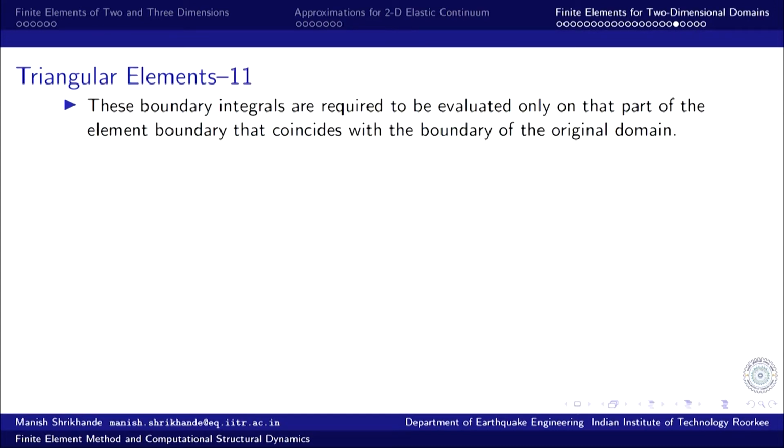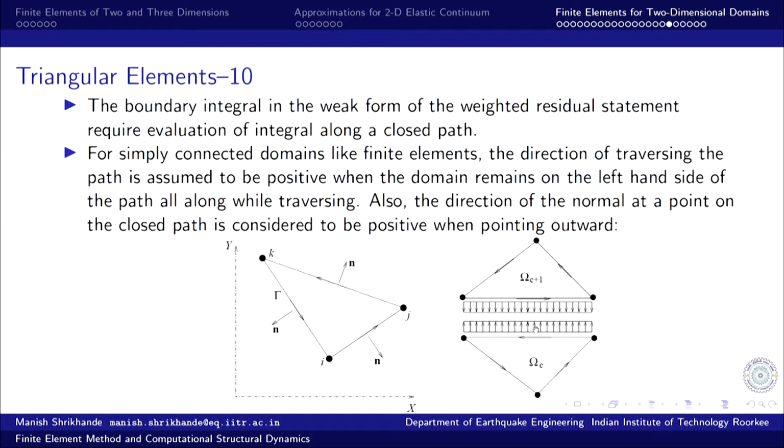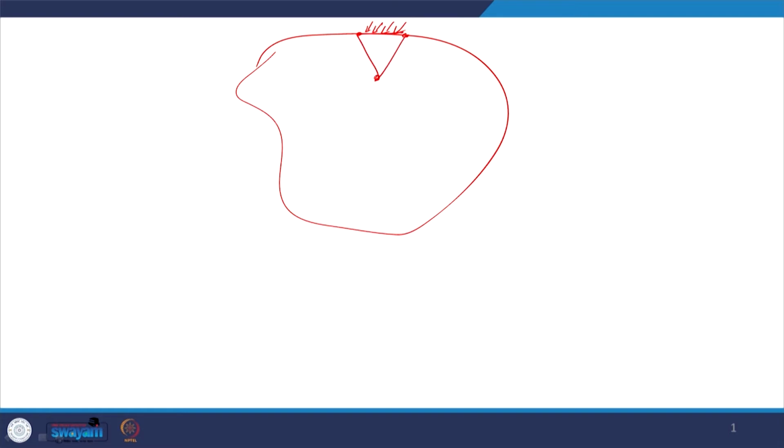Now, the first thing we need to appreciate is that, if I have some domain which is modeled using finite elements, and there are some tractions on the edge of the element, and this particular element is defined by this, and there is another element like this, and so on, the entire domain is discretized using these 3 noded triangles.